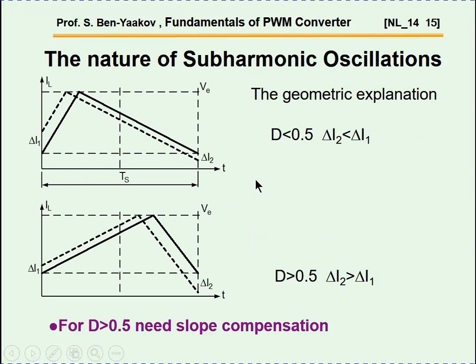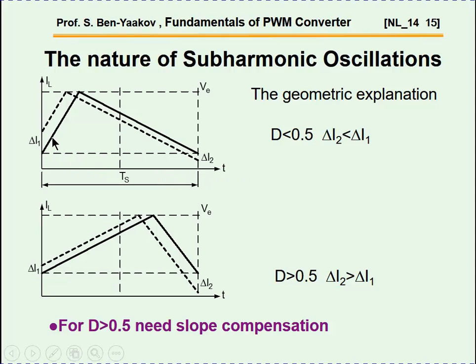Let me first of all explain what is the nature of this subharmonic oscillation and how it actually gets started. There are many ways to explain this phenomenon. I'll use here the geometric explanation, which was first offered by Professor Middlebrook, the late Professor Middlebrook, and which is rather easy to understand.